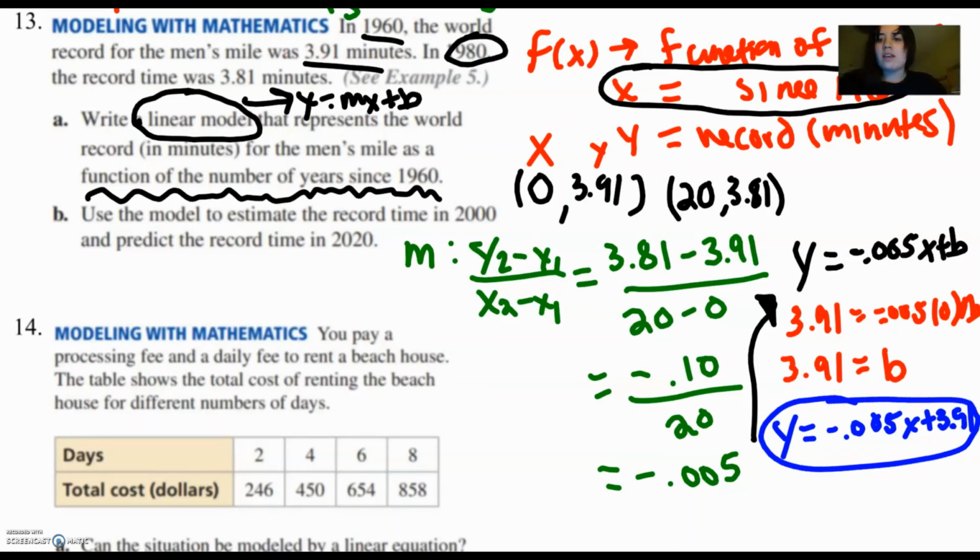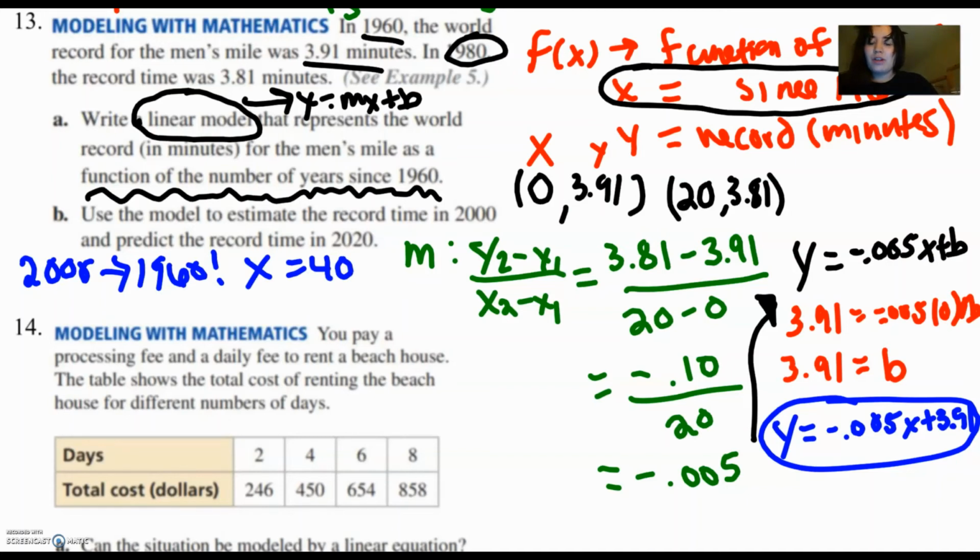B is just saying use the model to represent the record time in 2000 and predict the record time in 2020. So all we have to do there is find out what is our x. So if it's year 2000, how many years since then has it been? Since 1960, our x would be 40.